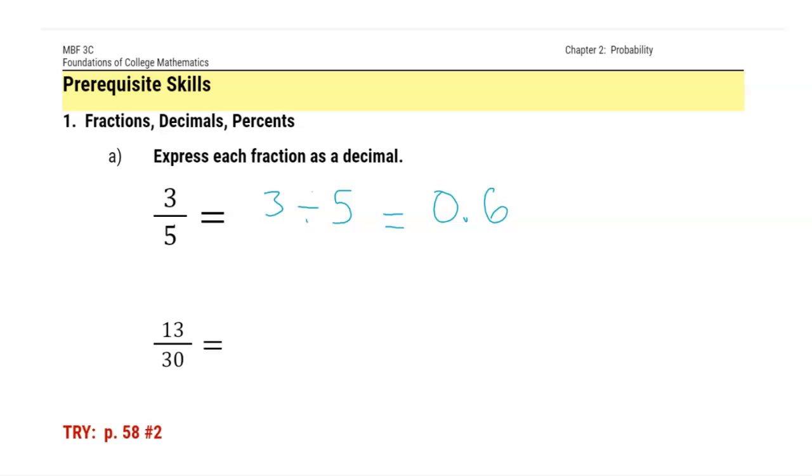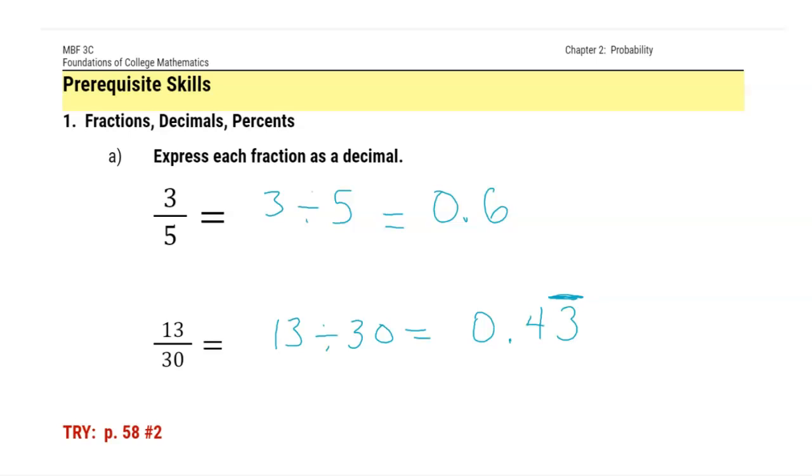That's all there really is to it. Again, it's just remembering that when we write a value as a fraction, that implies division. In the same way, for this second example, to convert 13 out of 30 into a decimal, I'm simply going to say 13 divided by 30, and then write out the response. 13 divided by 30 gives me 0.43, and the 3 is repeated, so I'm going to write a little bar over the 3 to say that number is repeated.